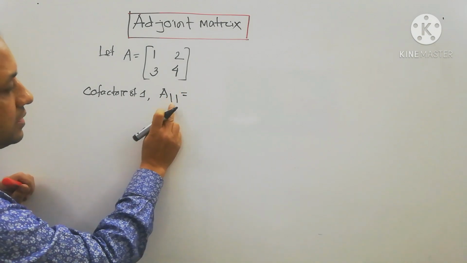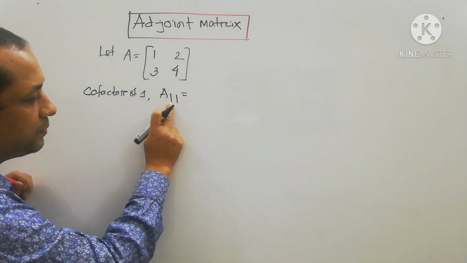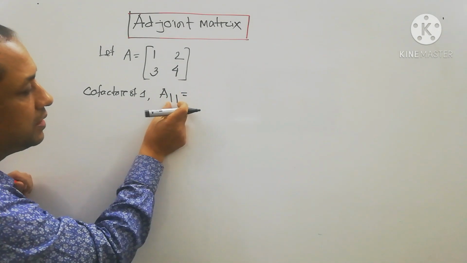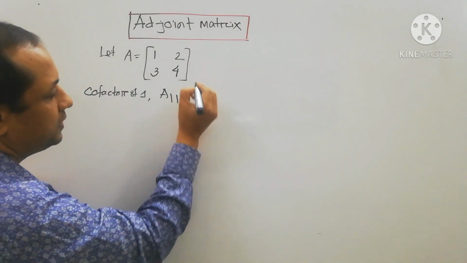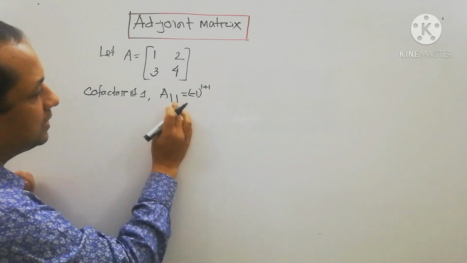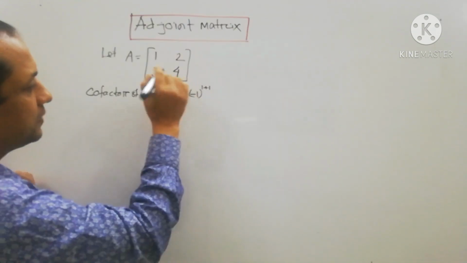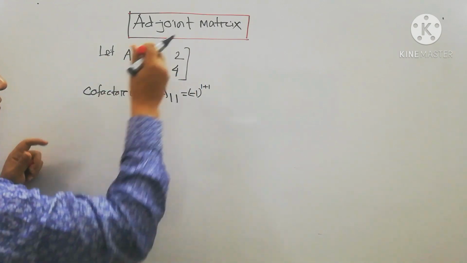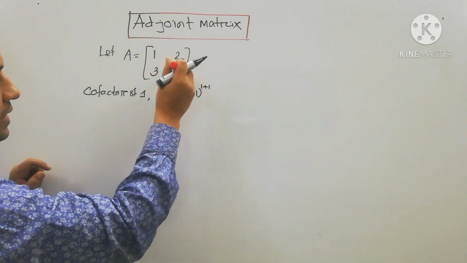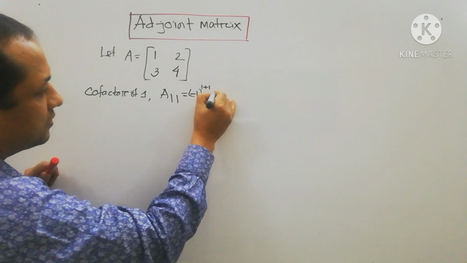Here the sum of row number and column number is even, so it is positive. We have 1 plus 1. The first row and first column are cancelled, so the minor is 4.